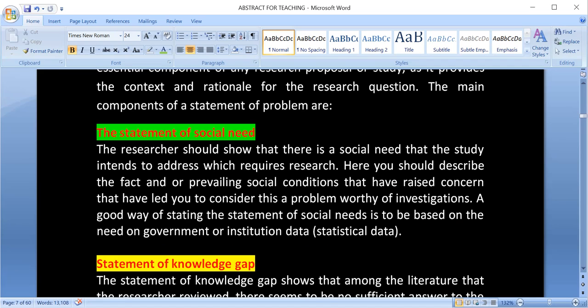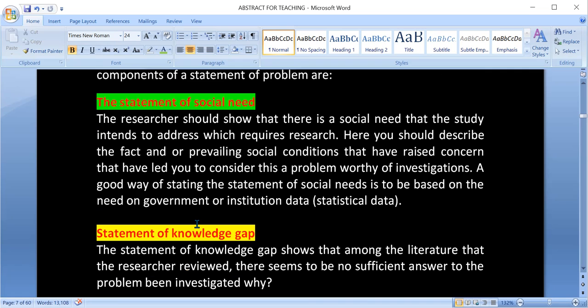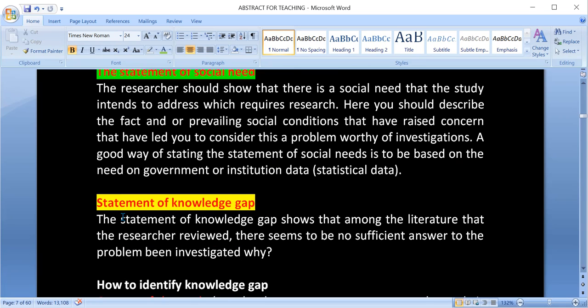That is a big social problem. So in your statement of the problem, you must capture the statement of social need, at least in the second paragraph.